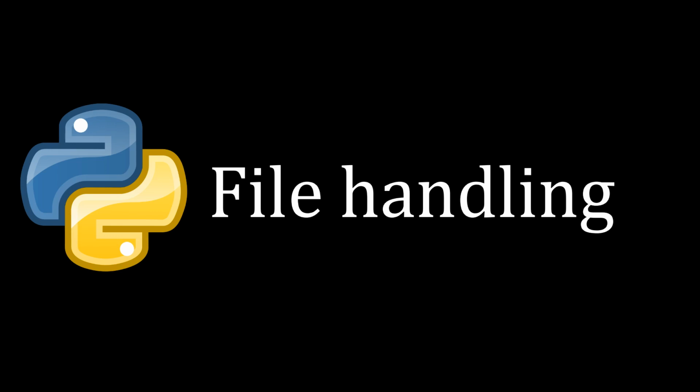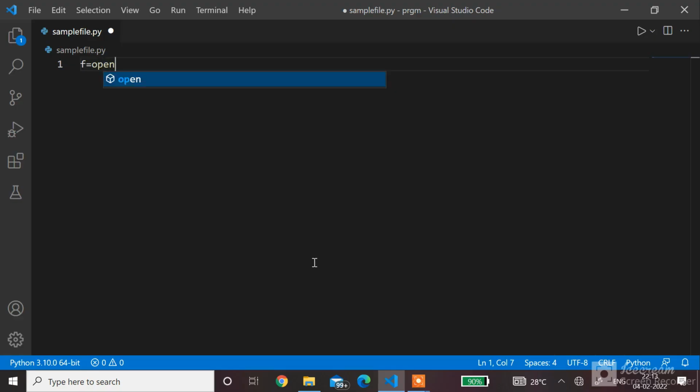Opening a file. File handling is available in the io module, so you need not import anything. Before processing a file, you need to open it and create a file object. Write a variable f equal to open. In this function, you need to give some arguments. I need two arguments.